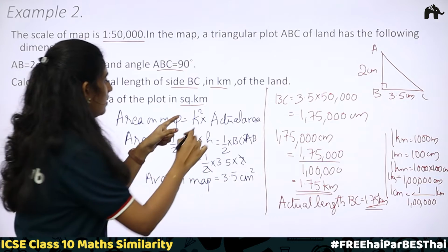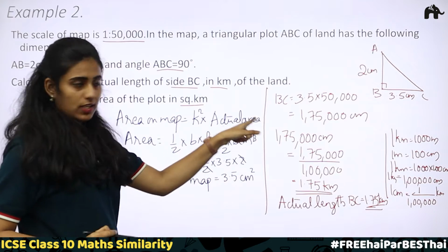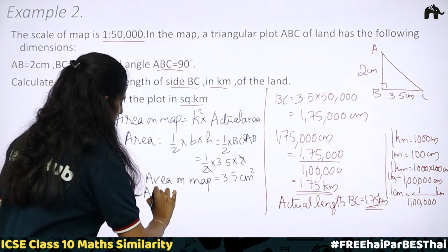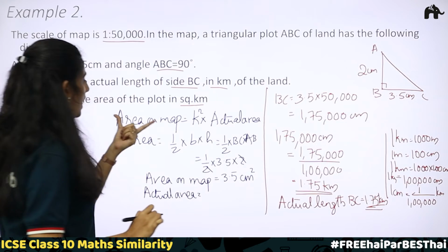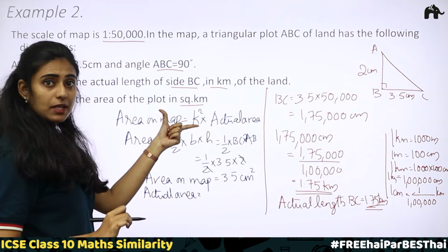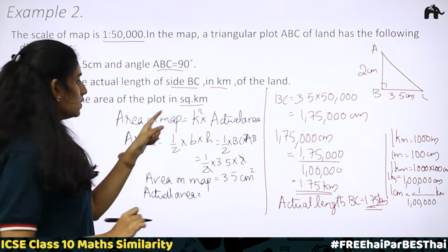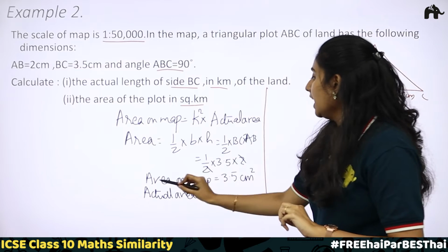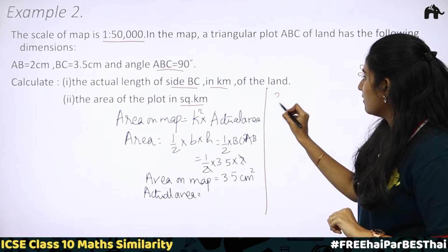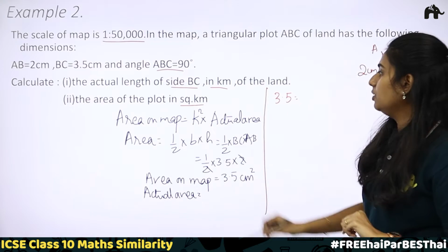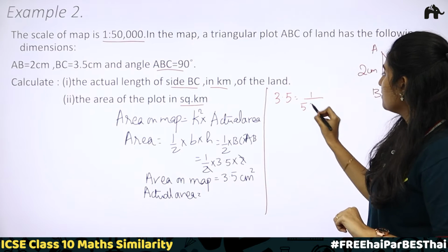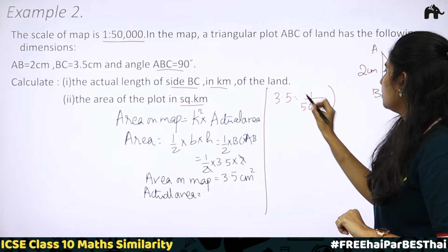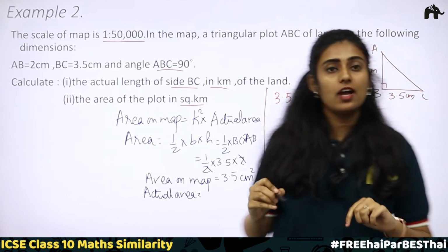Now, we can find the actual area. Actual area is equal to area on map divided by K square. So, here we have determined the area on map, which is 3.5. 3.5 is equal to K square, where K is equal to 1 by 50,000 whole square, into actual area.